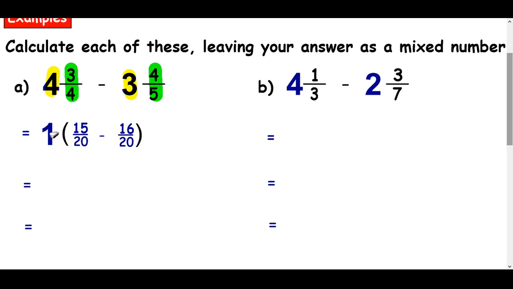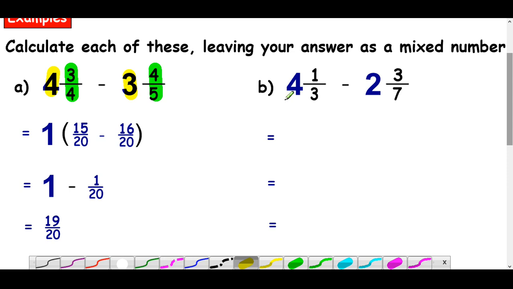So essentially, instead of having 1 and a bit, you've got 1 subtract a 20th in this case. So we've got 1 subtract 1/20th, because that comes to negative 1/20th. Now this is the bit I'm going to assume that you know how to do from the last lesson. I'll talk it through, but I did it with diagrams last time. But anyway, if you take away 1/20th from 1, you've got 19 left over. So 19/20ths is your final answer.